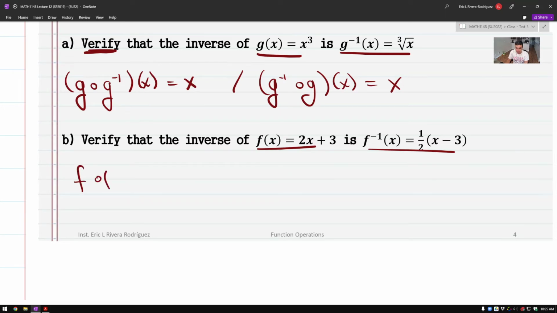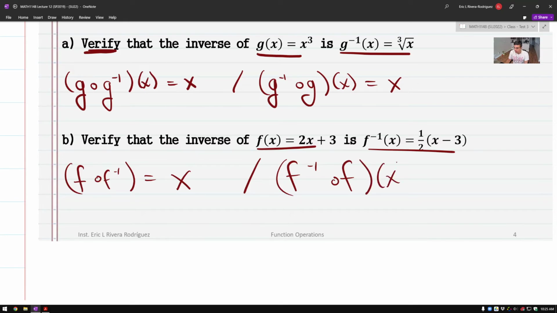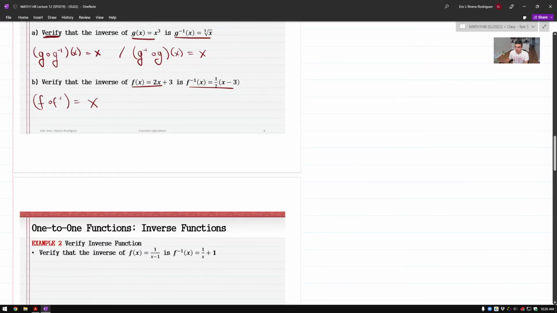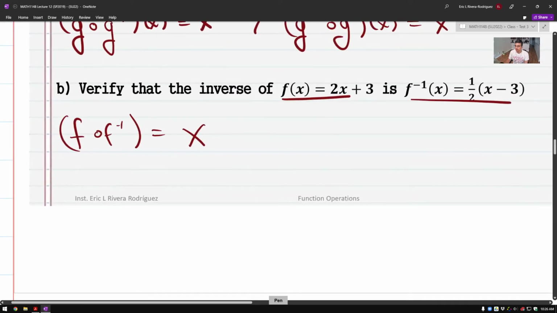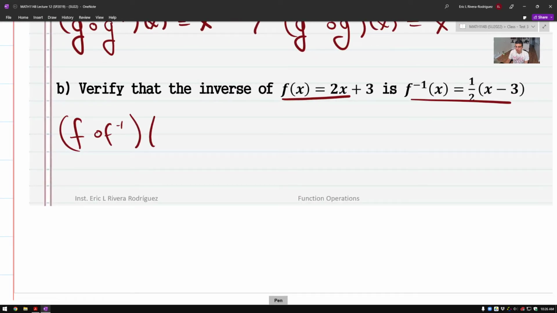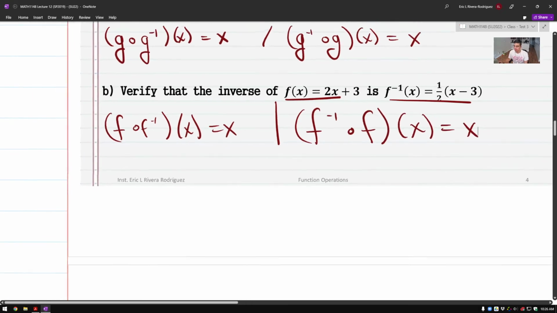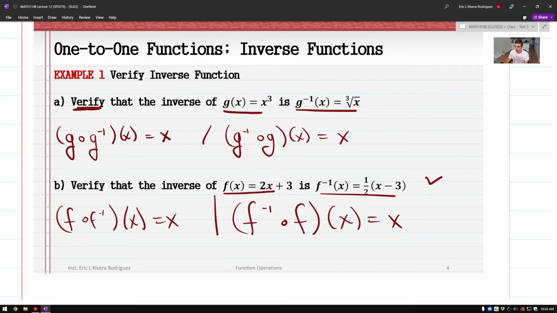We are going to test this composition, and if this composition gives us back the input and also the other direction, if by these two compositions we get the input again as an equation, then they are inverse to each other.